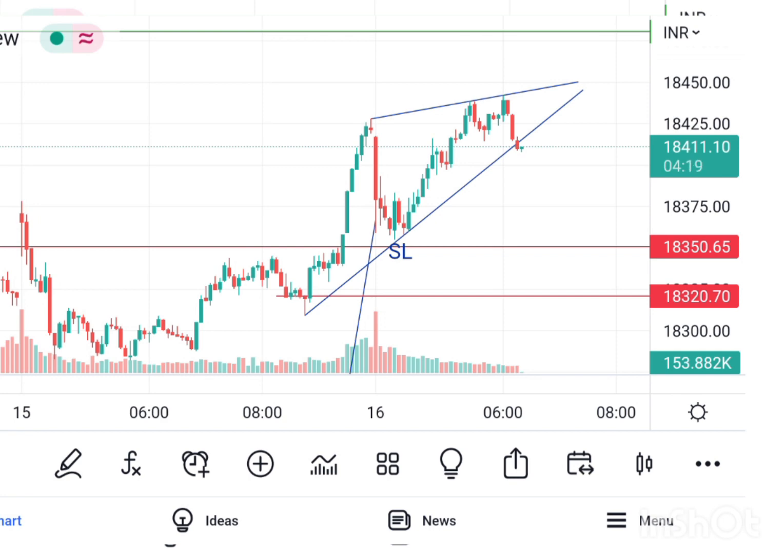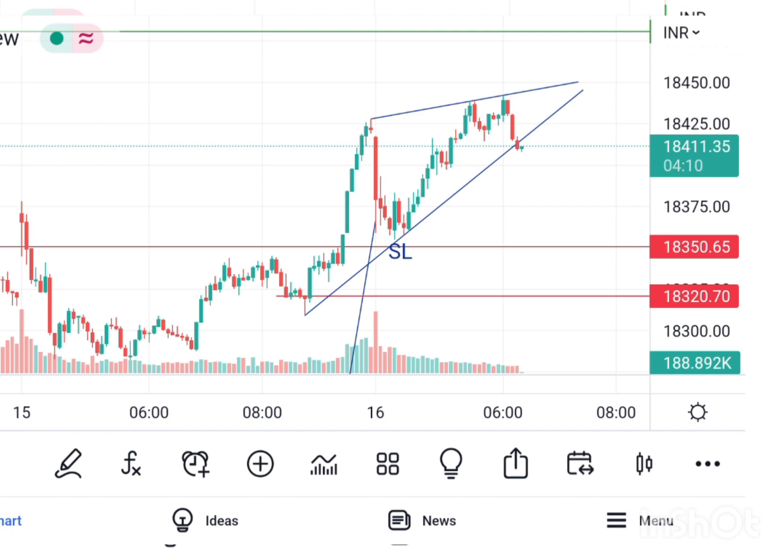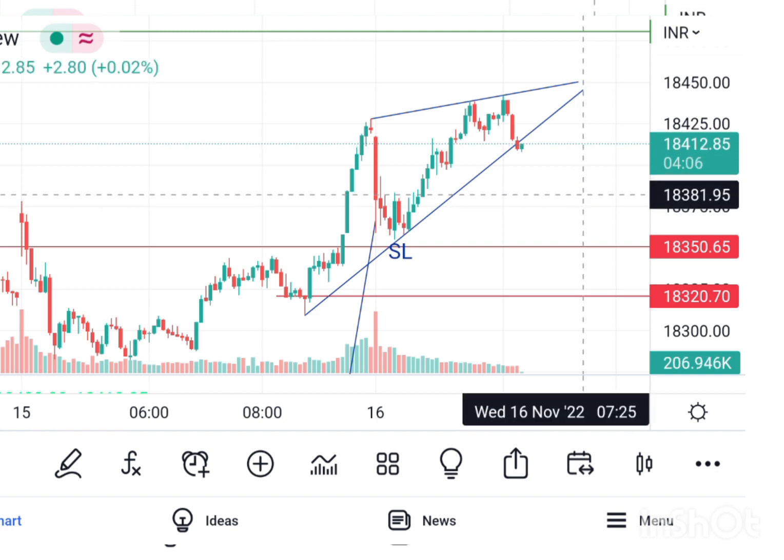And I'm also not sure whether the wedge pattern is a bullish signal or a bearish signal. But I checked in Google and they said it's a bearish sign.